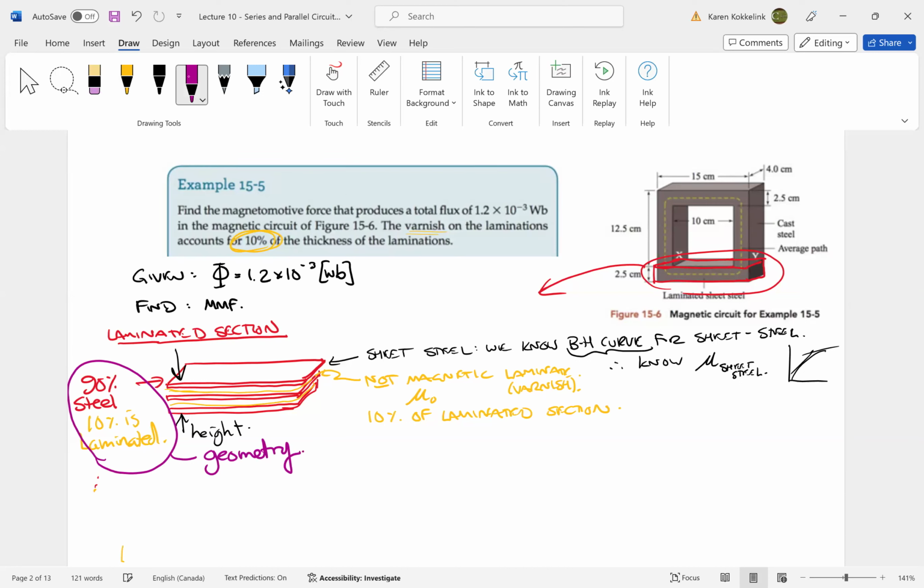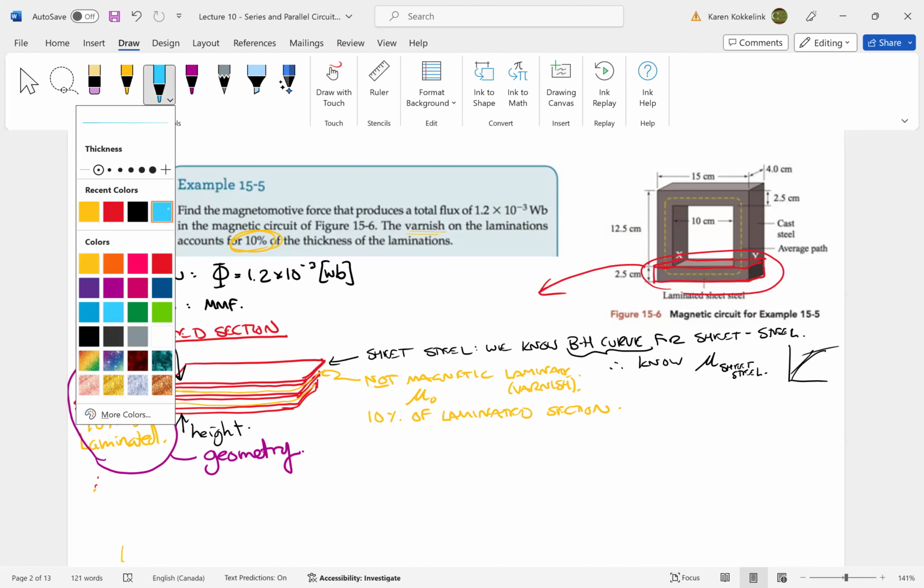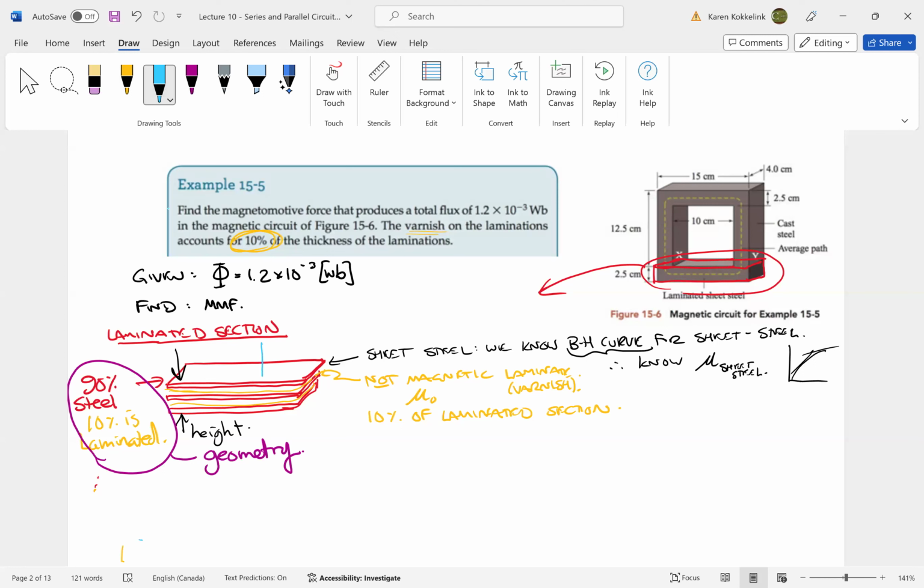So the actual length that a magnetic field would go through, and this is how laminates work: let's say I have flux going through this whole thing, which I do not in this problem.